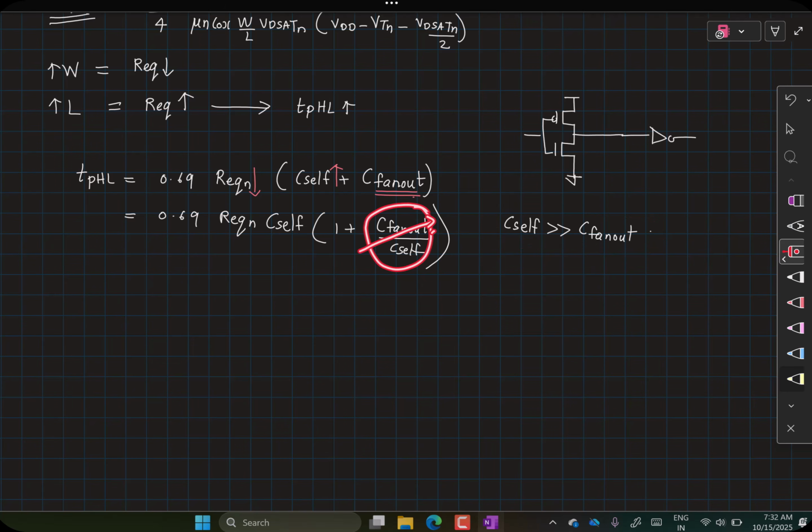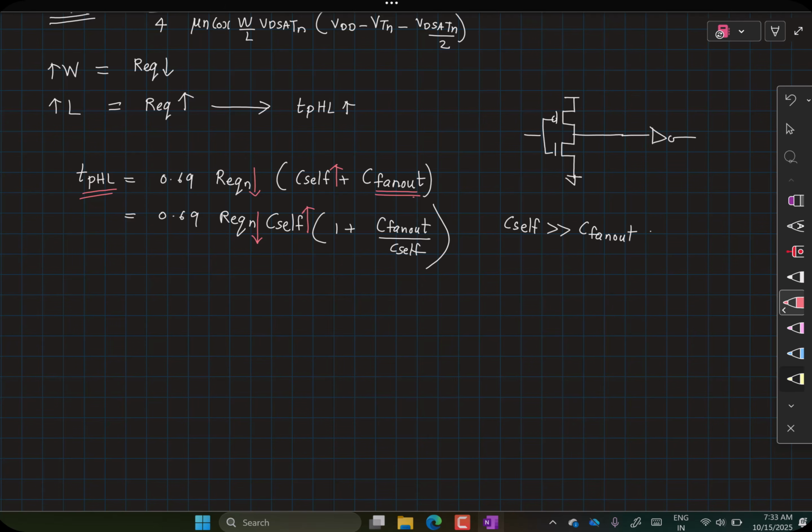It's much negligible compared to 1. Right, and under these conditions, as you keep increasing your width, this parameter is going to reduce, this parameter is going to increase, and effectively you don't see a benefit in TPHL. This might reduce marginally, but not significant enough, and it sort of saturates after a while.